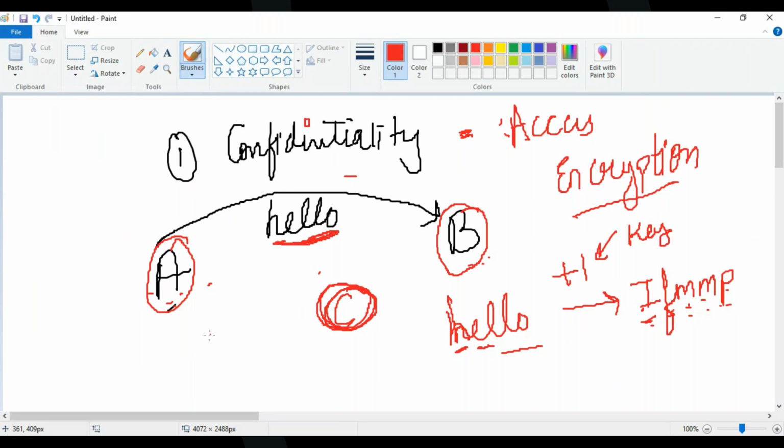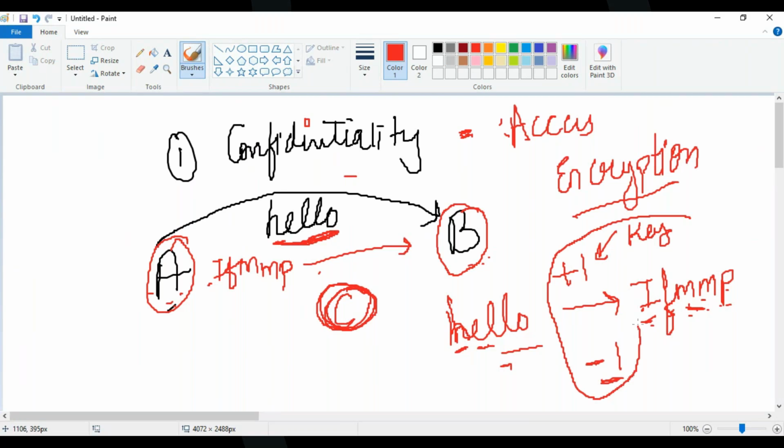Now what I'm doing is I am sending this IFMMP message to B with its decryption key. So what would be the decryption key now? Decryption is when you are converting this unreadable format to the plain text. It would be -1. Correct.